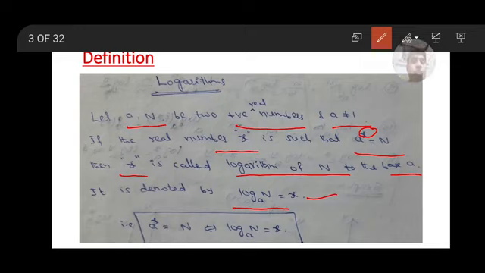That is, if a to the power of x equals capital N, then log N to the base a equals x, and vice versa: if log N to the base a equals small x, then a to the power of x equals N.